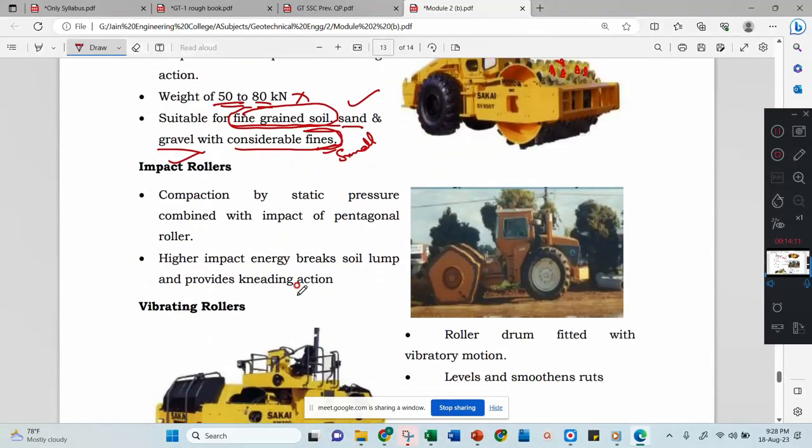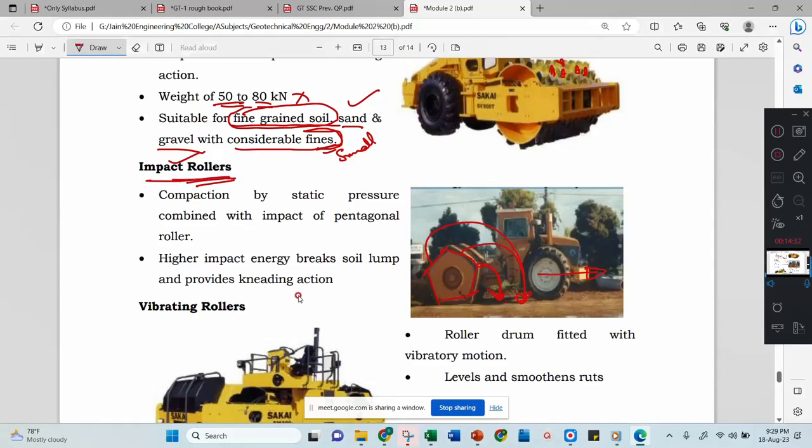Then comes the impact roller. You will understand it by seeing the diagram. This is impact because when this vehicle moves forward, it suddenly falls on the ground, again suddenly falls on the ground, therefore it is called an impact roller.